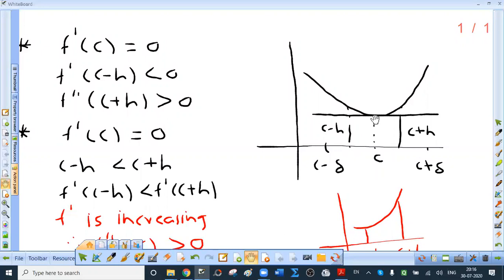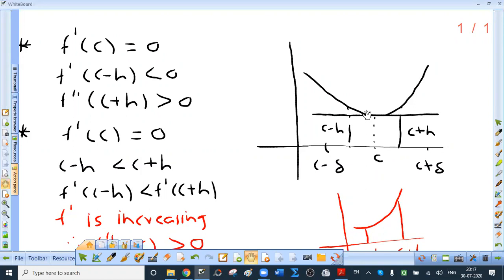You can observe that the function decreases from the left up to c, and increases to the right of c. Okay, so if somebody asks you to define the local minimum, how will you define?